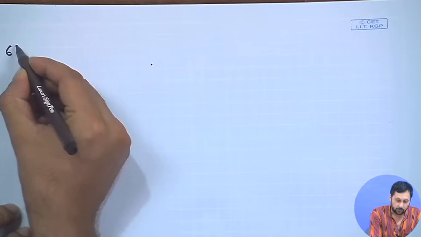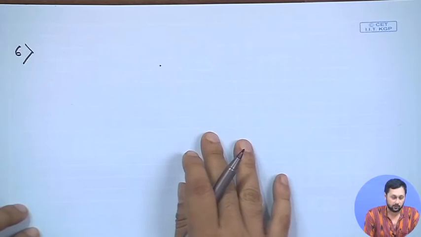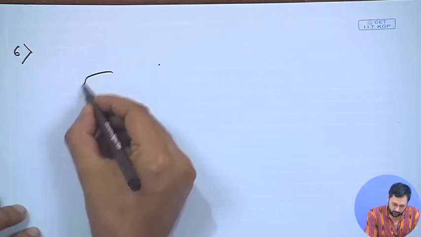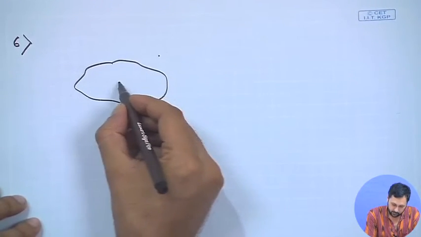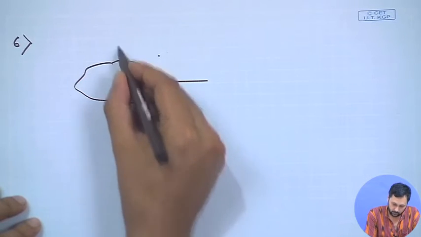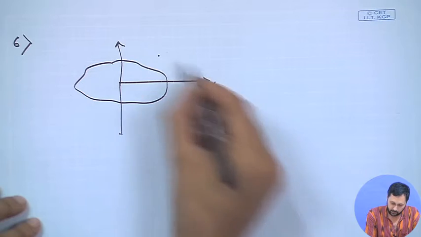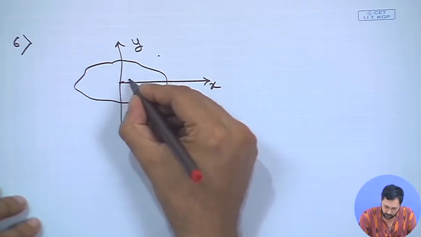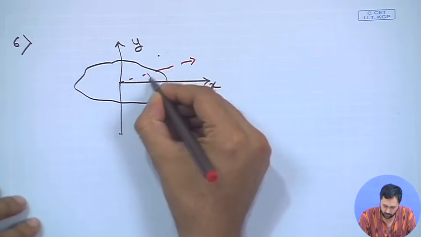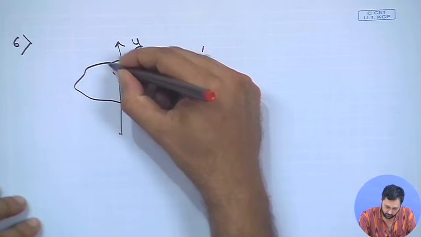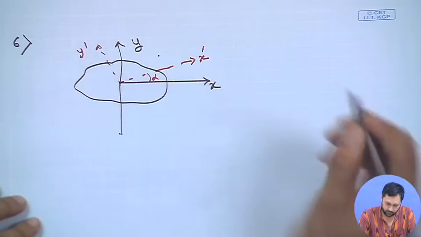Okay, so this is problem number 6 of the problem set. We have some 2D mass distribution. Sorry, this is my x, this is my y. Now we give a rotation by some angle alpha, to x prime, y prime.